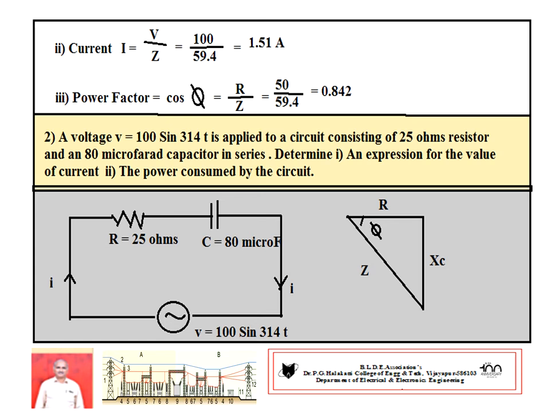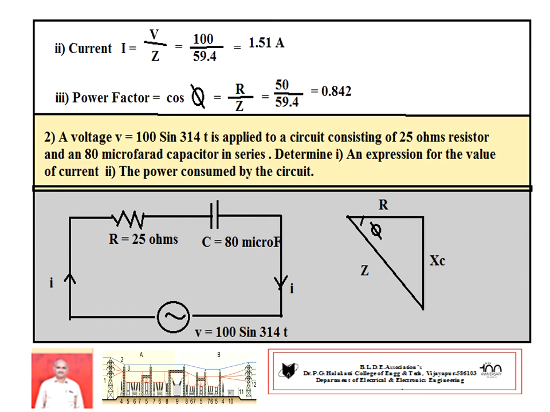Once AC circuit is recognized, what is the impedance? Z equal to under square root of R square plus XC square. You write down one side. After that, go there. What type of voltage is given, sir? Instantaneous voltage is given. Small v equal to 100 sin 314t.